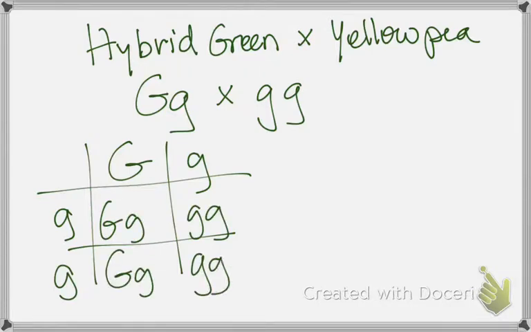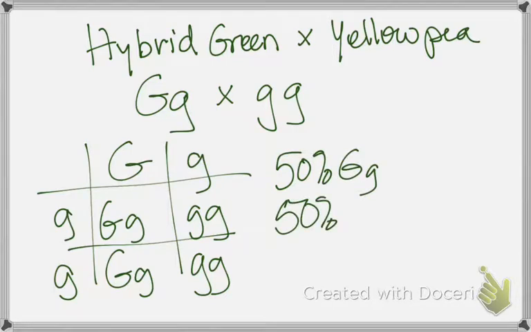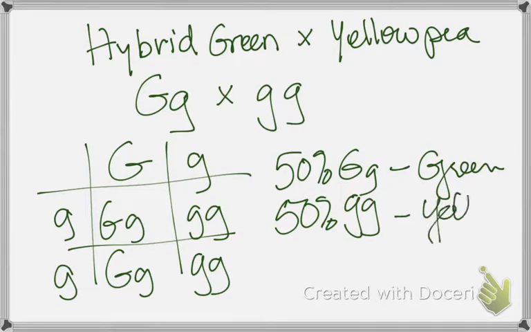Did you get it? Yes. So we're 50% green and 50% yellow. All right? Are we good? Yes. Okay.